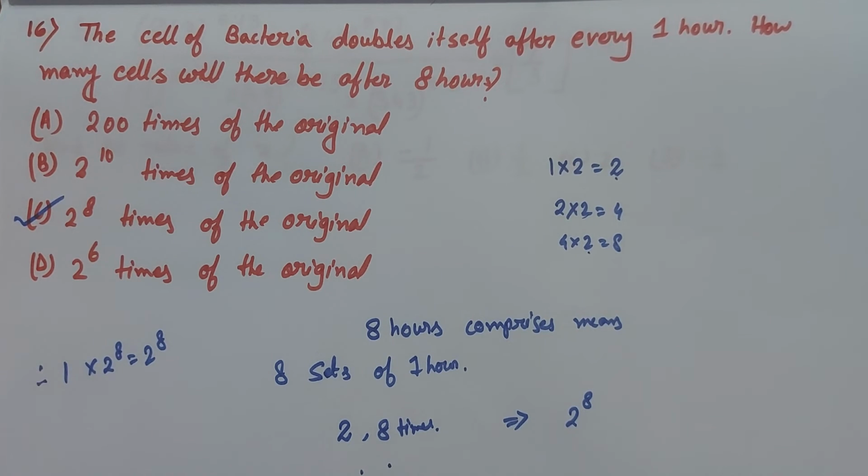To get the amount after 8 hours, we multiply the initial cell by 2, 8 times, that is by 2 to the power 8. So the cell of bacterium in 8 hours is 2 to the power 8 into 1, that is 2 to the power 8 times the original. Understood?